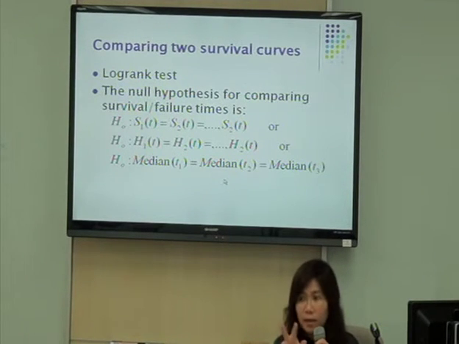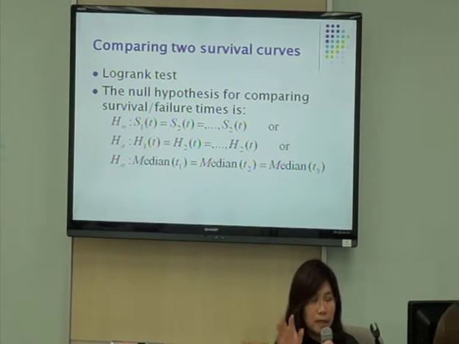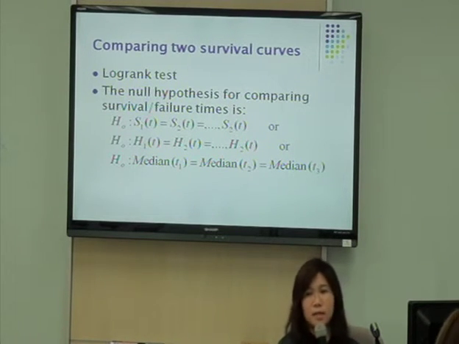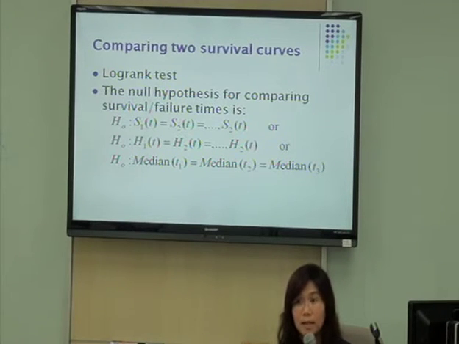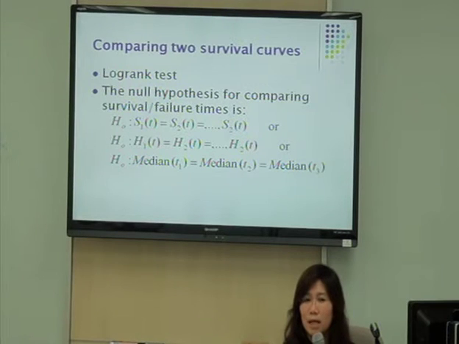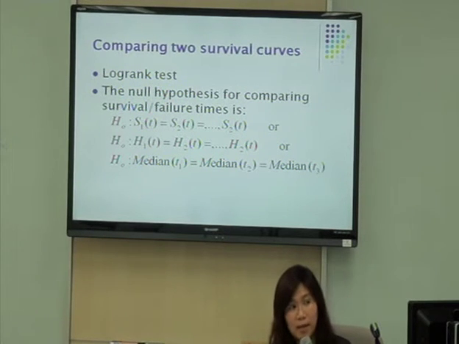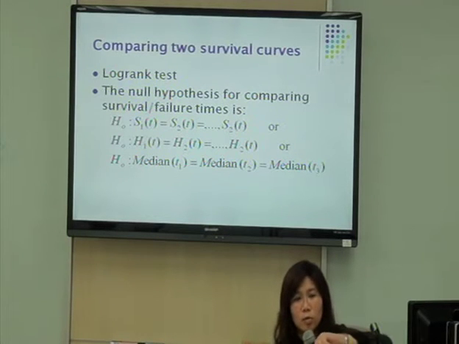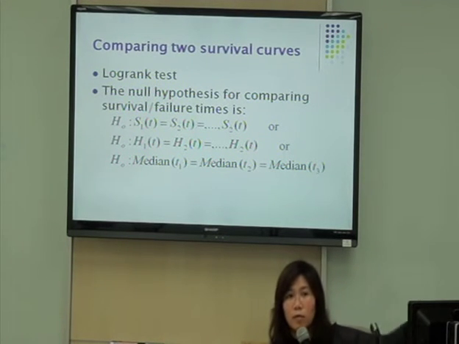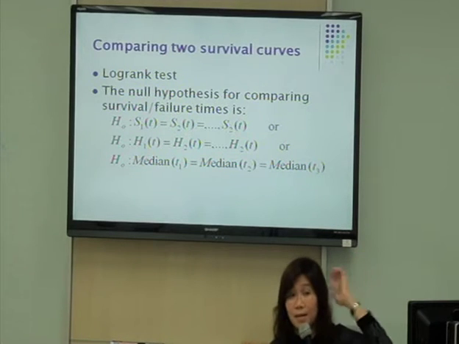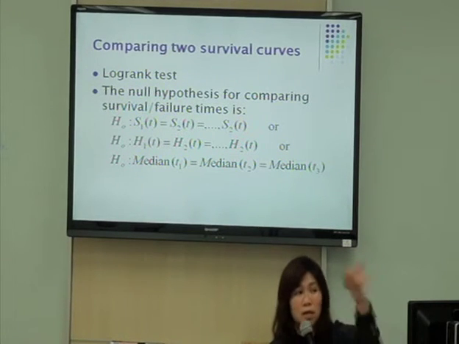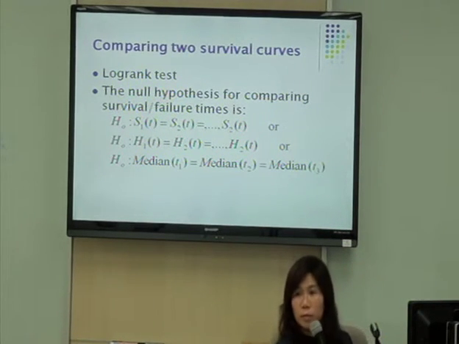How do we compare between two Kaplan-Meier curves? You have to know that survival analysis or Kaplan-Meier is not normally distributed. It's a non-parametric method, because the death rate of subjects does not have to be normally distributed. Also, probability is not normally distributed.